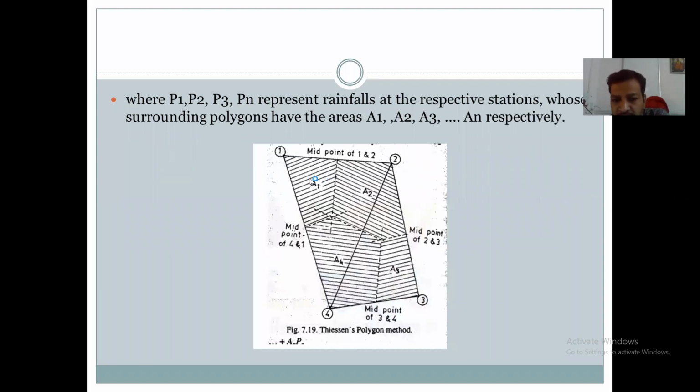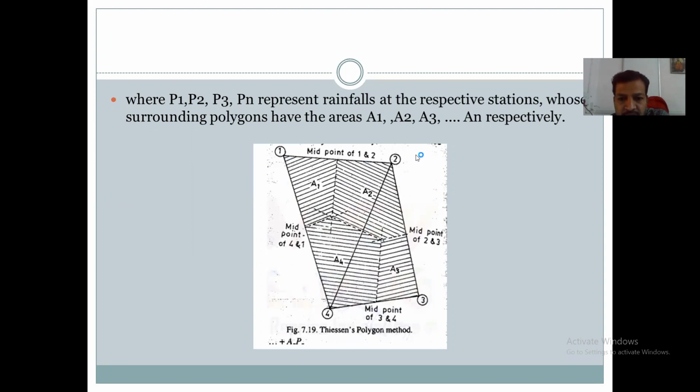The area of each part is calculated as A1, A2, A3, A4, and triangles are formed in this basin area.